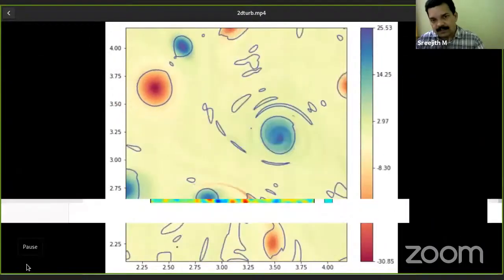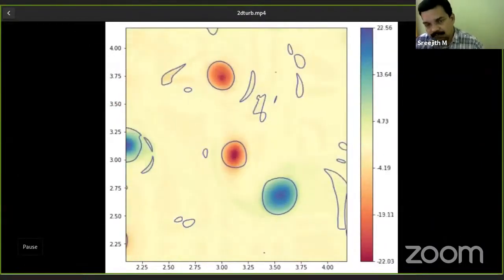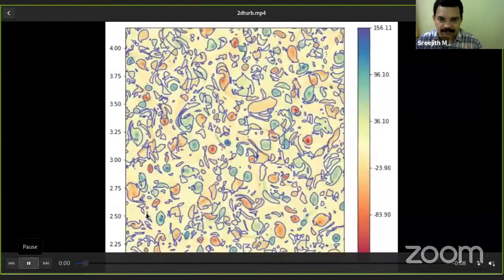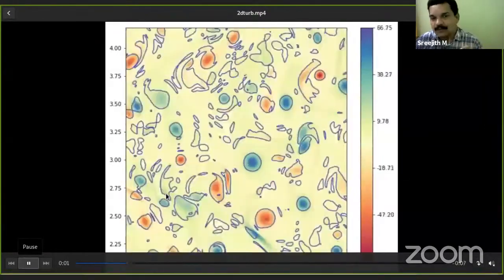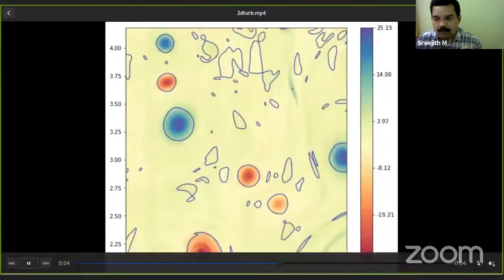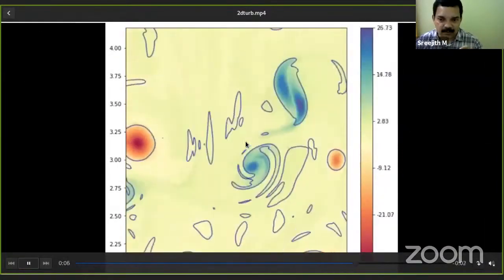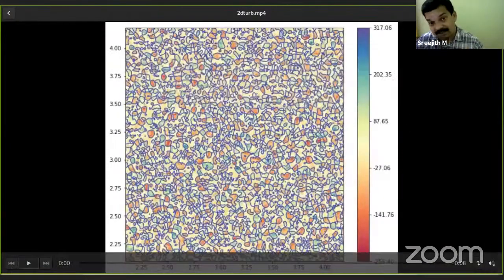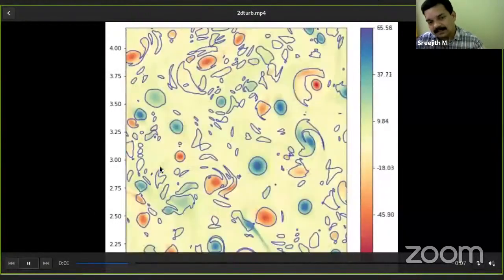Finally they merge, and at the end of this evolution, there will be only two opposite sign vorticities that exist at infinite time. So that is the decaying turbulence problem.